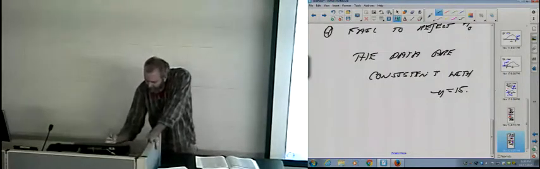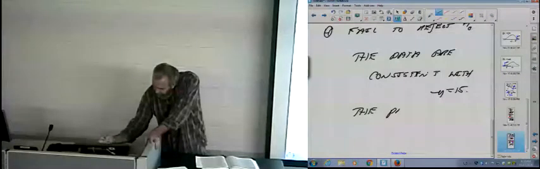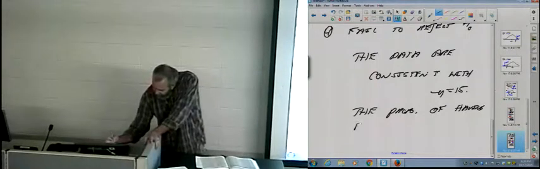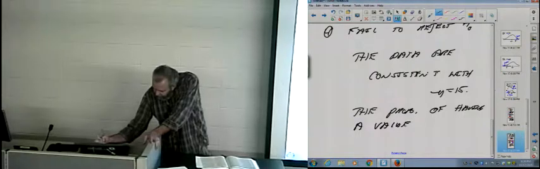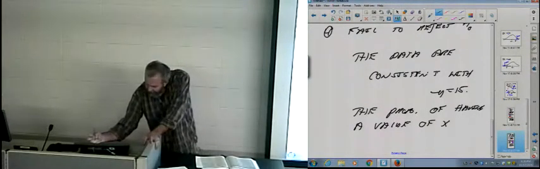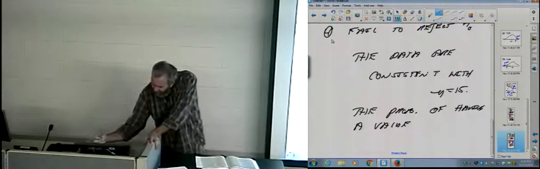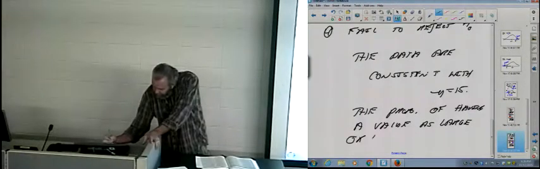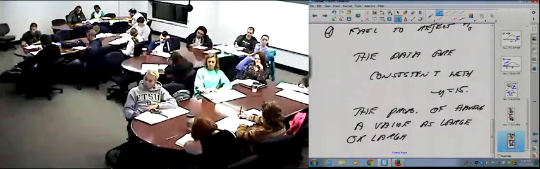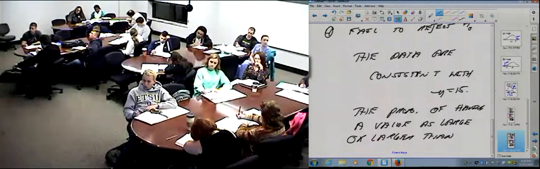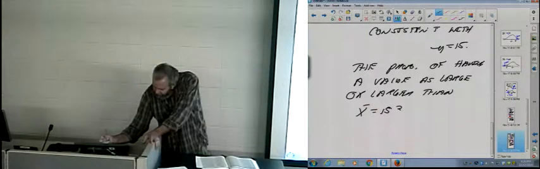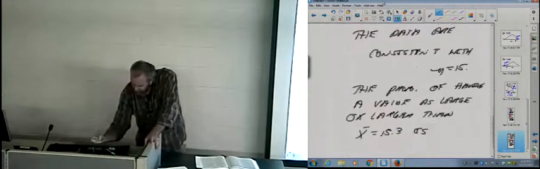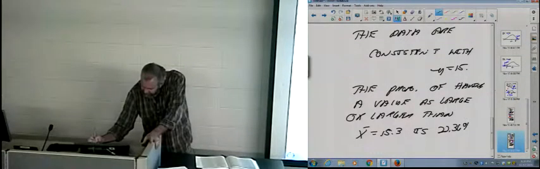And then the other one is the probability of having a value of x bar, a value as large or larger than x bar being 15.3, is 22.36%.